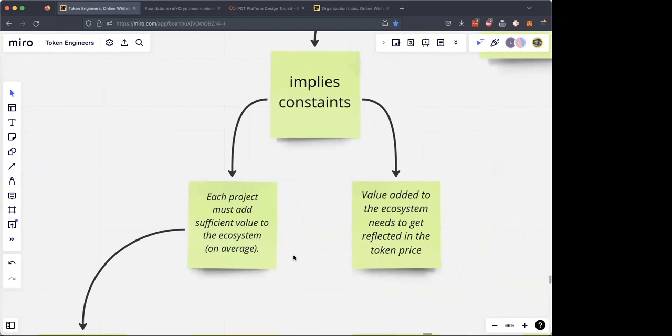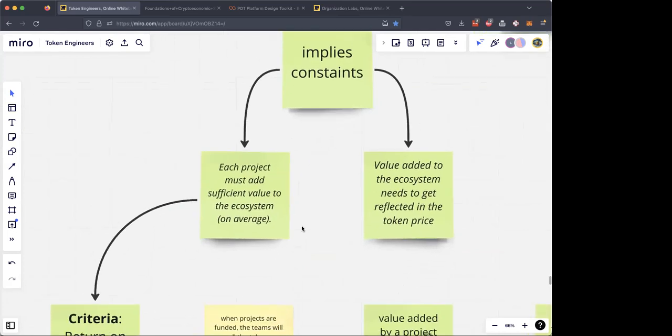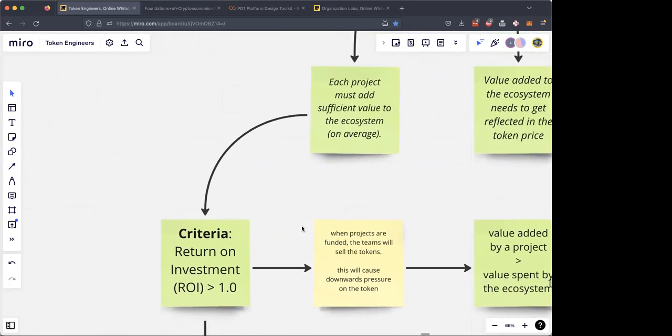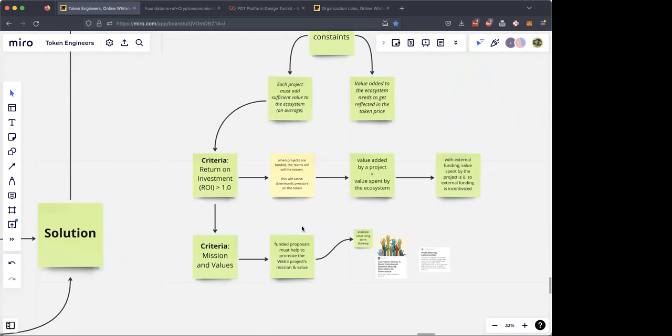Or are we? So if one of the projects goes bonkers successful and increases the average up to whatever, is it worth it that you wasted all this money on all this other stuff? But return on investment, how are we calculating?